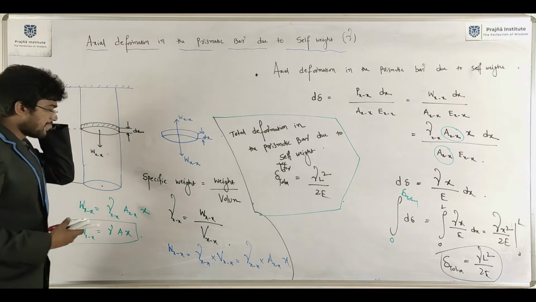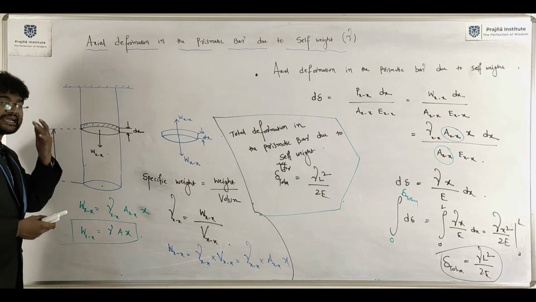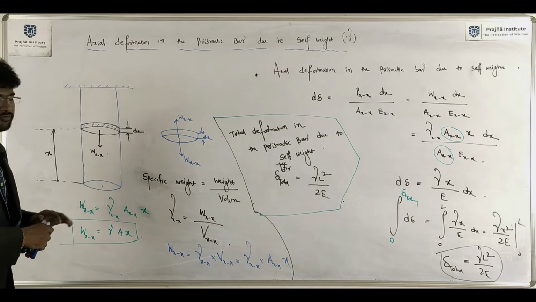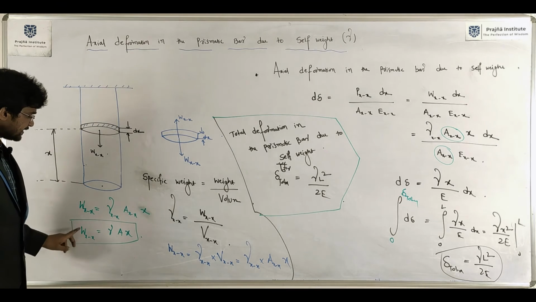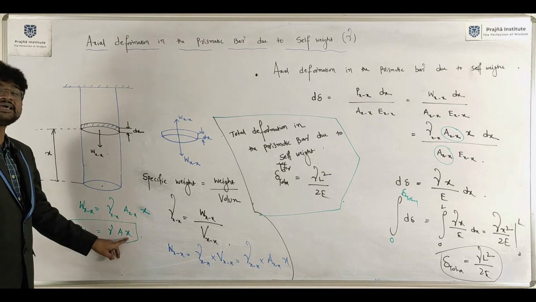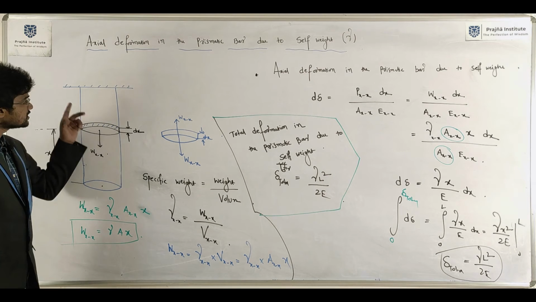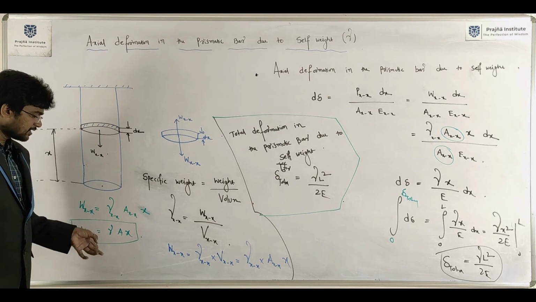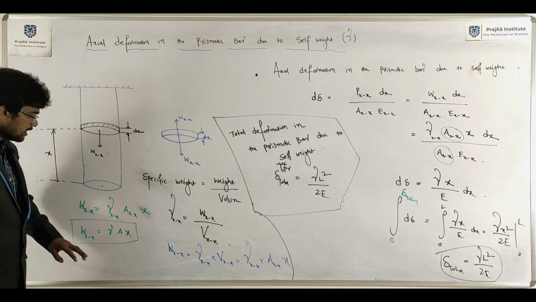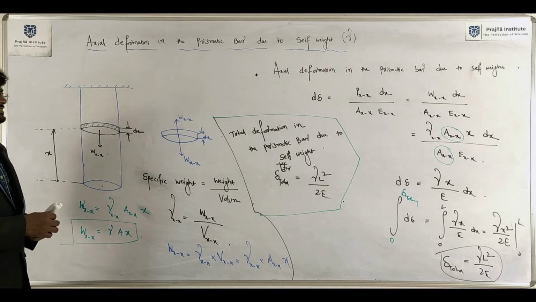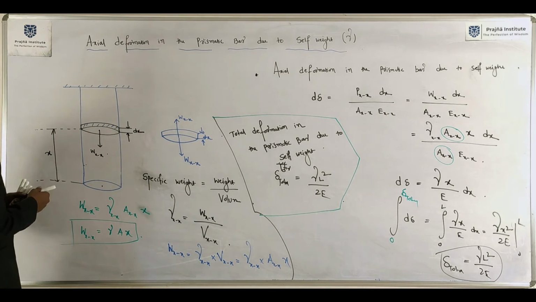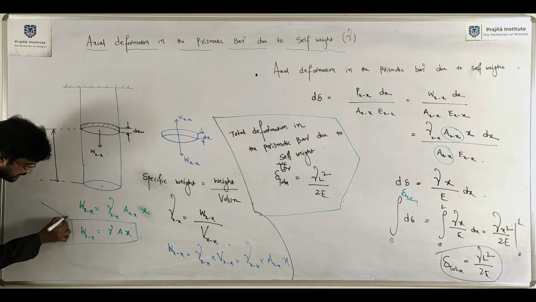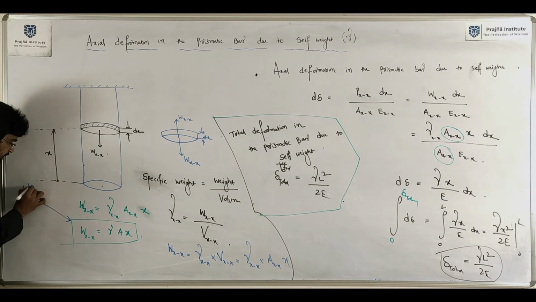It's very simple, man. Here weight is acting as an axial load. Weight is varying linearly with the length of the bar, so I can call it a uniformly distributed axial load.